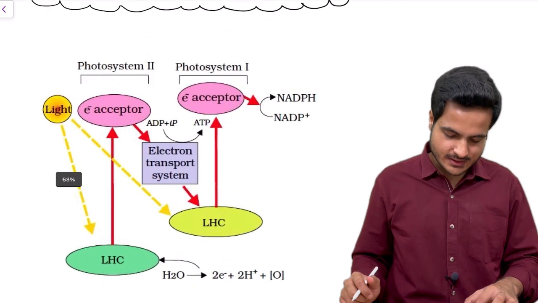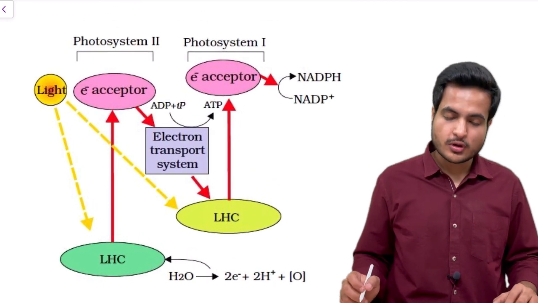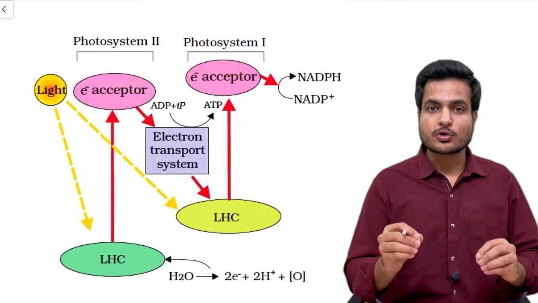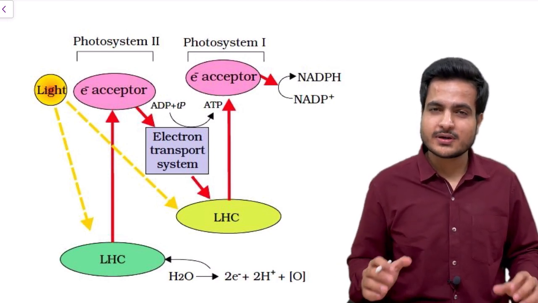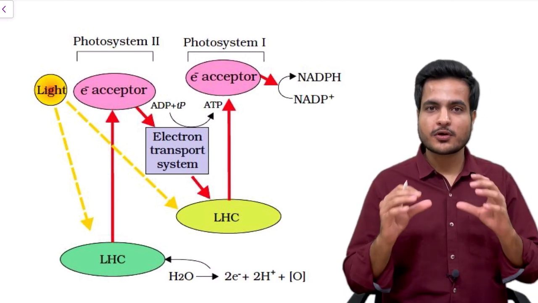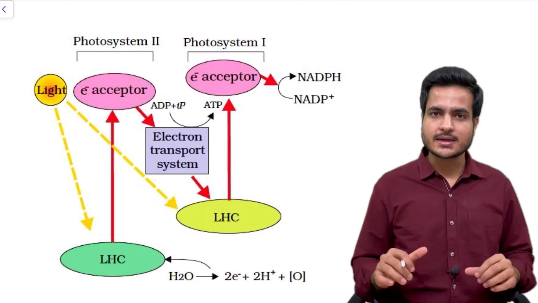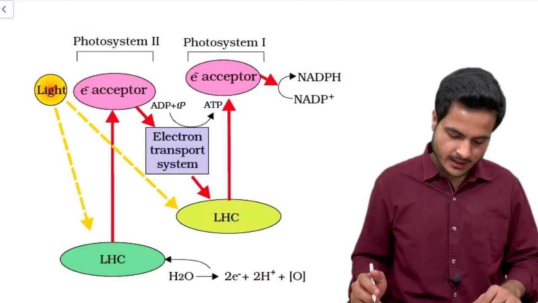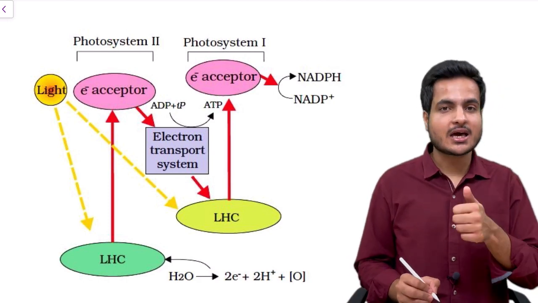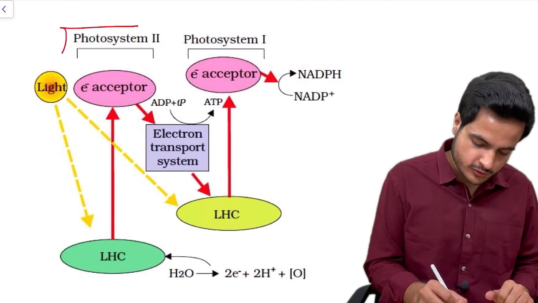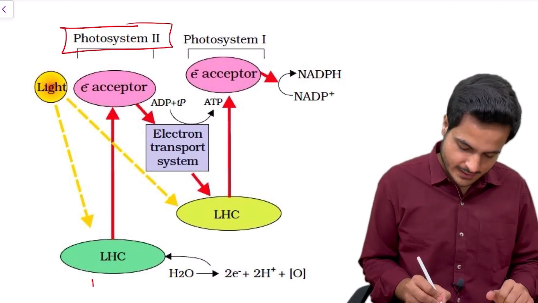So this is the complete cycle of non-cyclic photophosphorylation. I have a dedicated video for this topic, therefore I will not discuss it in detail, I'll just give you an overview. So LHC means light harvesting complex of photosystem 2. So I can say this is PS2.